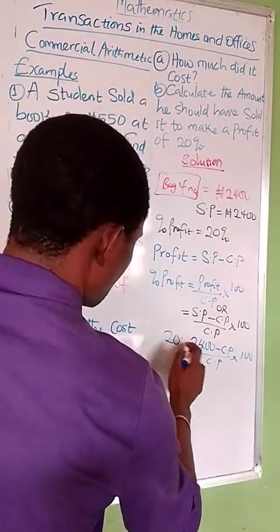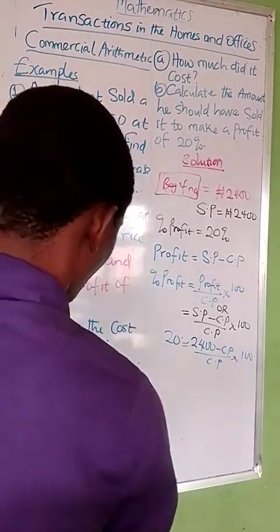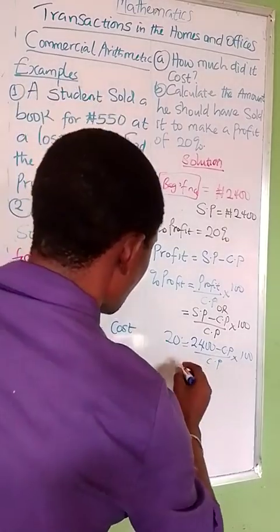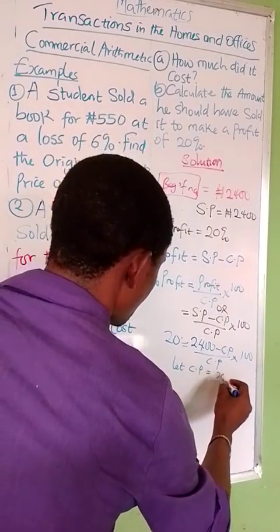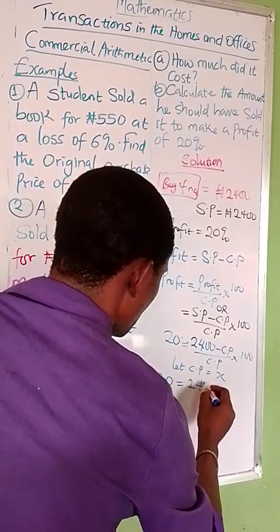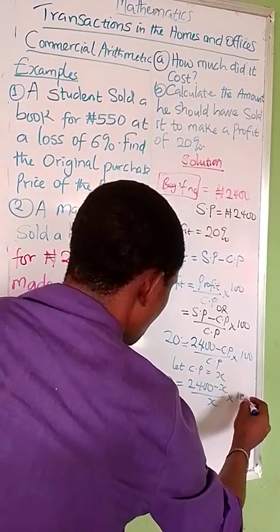Before we cross multiply, let the cost price equal x. So 20 equals 2,400 minus x over x times 100 over 1.